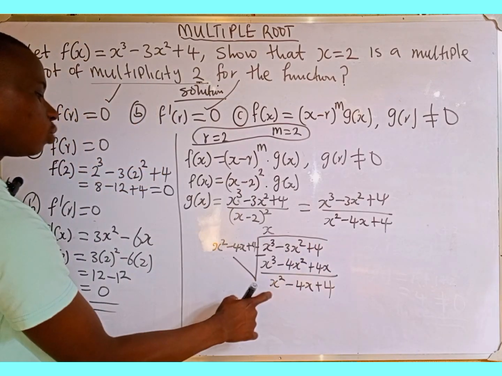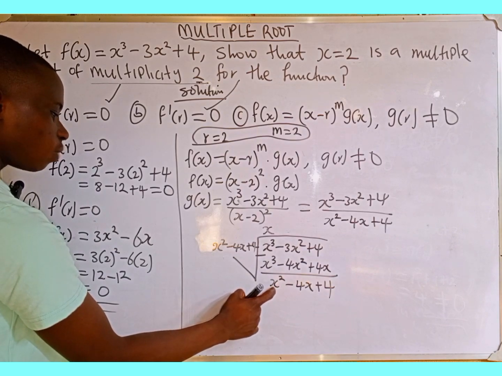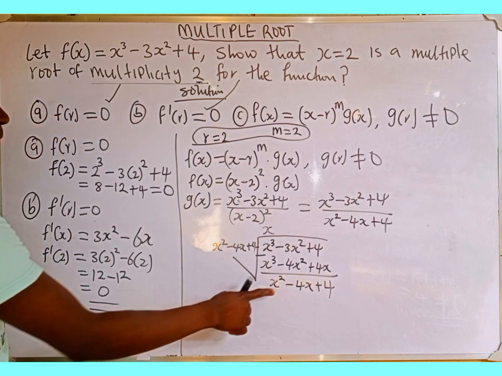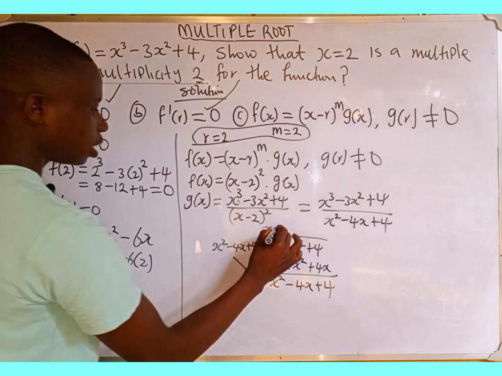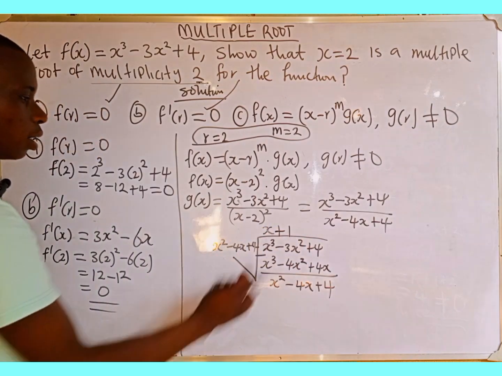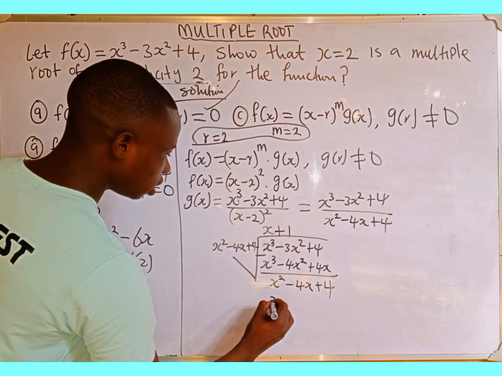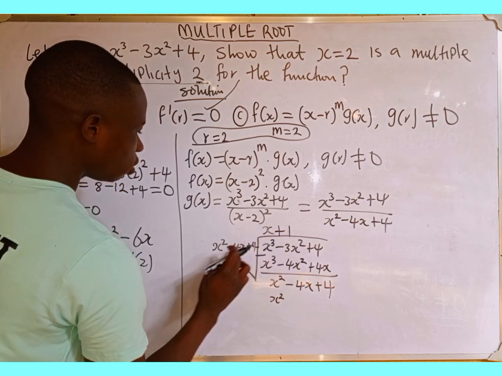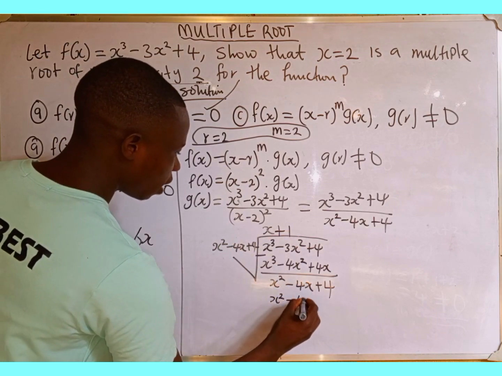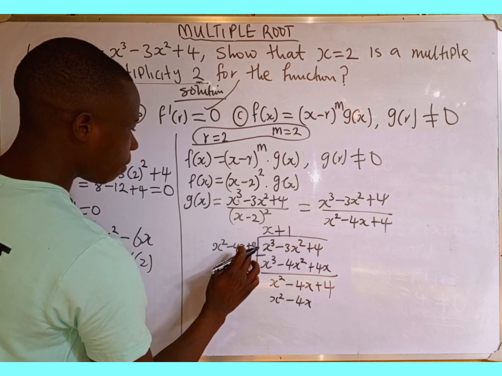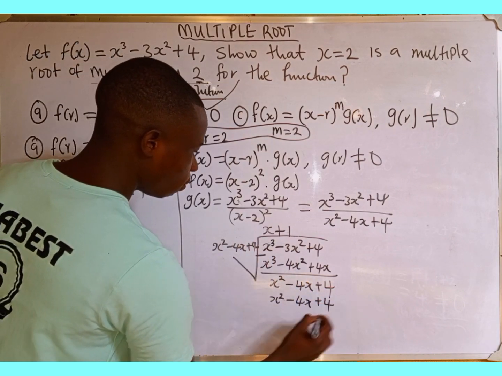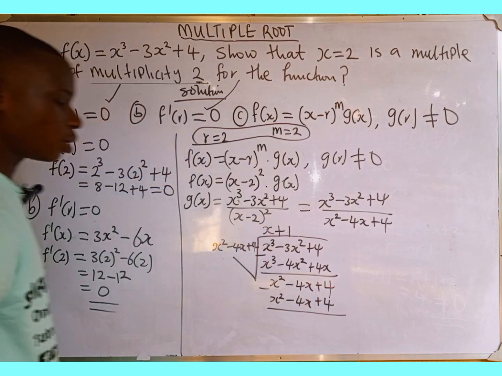Now the next thing we are going to do is use this first one again to divide by x squared. X squared divided by x squared is going to give us positive 1. Then 1 multiplied by x squared is x squared. 1 multiplied by minus 4x is minus 4x. Then 1 multiplied by positive 4 is positive 4. Now we subtract.